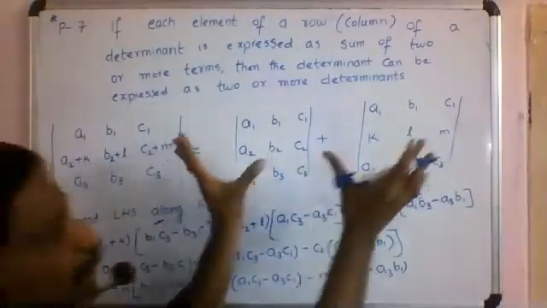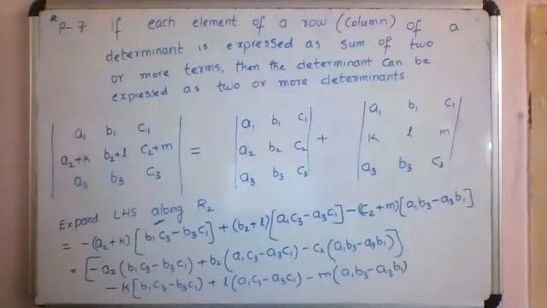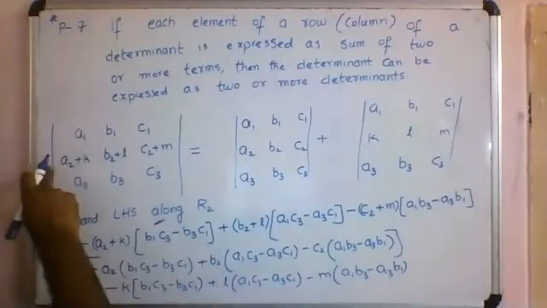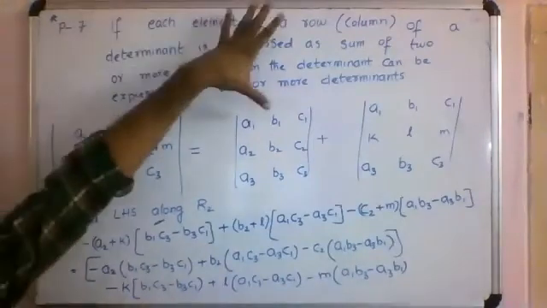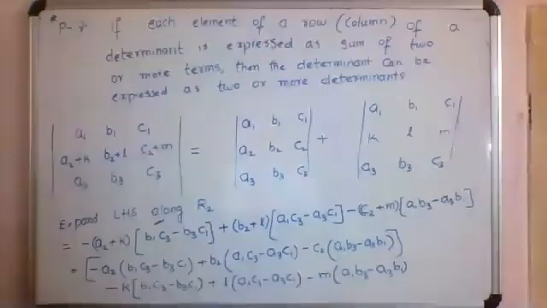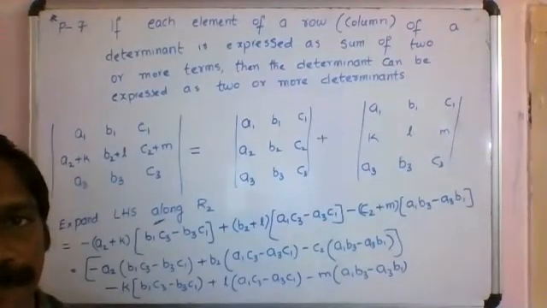So if we expand these two things along second row, we got the same answer. Both are same. So I can say we have this property. This property is correct. Come on, note down. I hope you understood this.